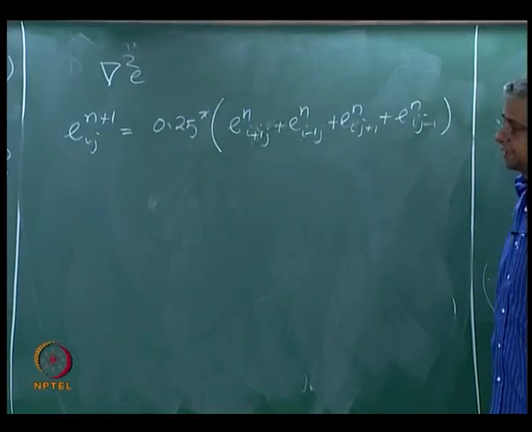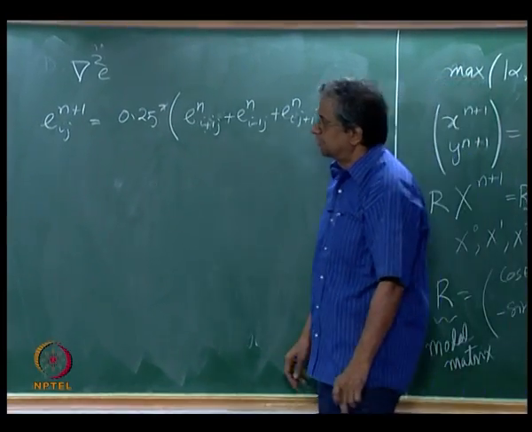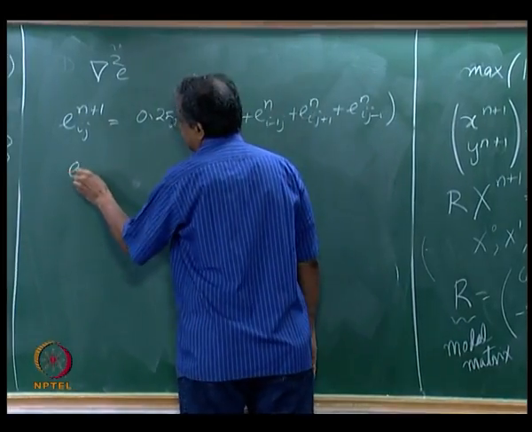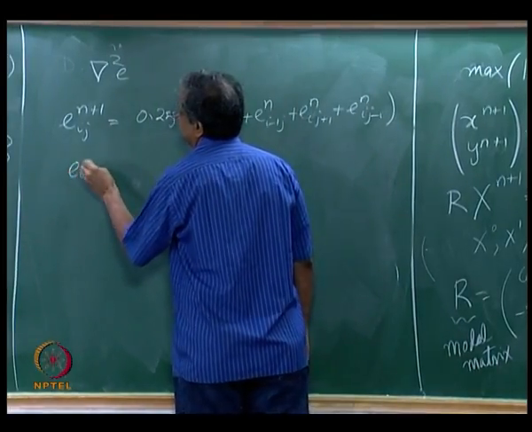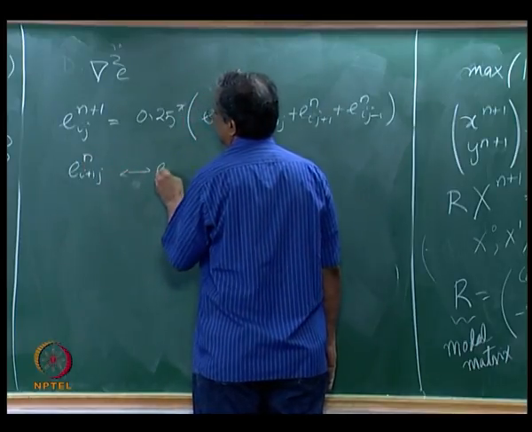So what is this going to give me? i+1,j and i-1,j. So what is the relationship between E of i+1,j at n and Eij? Is there a relationship between these two?